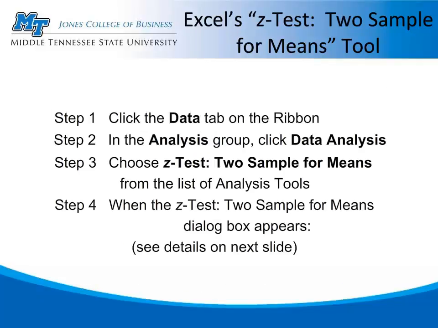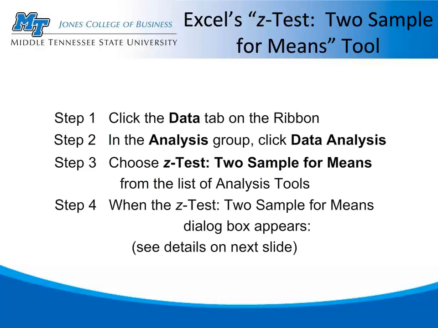Now, one of the data analysis tools in Excel is a z-test two sample for means. When you open up the toolbox, you go to the Data tab, and then usually it's on the right hand side. There's an Analysis group up at the top, and one of them in there is Data Analysis, and you just click on Data Analysis.